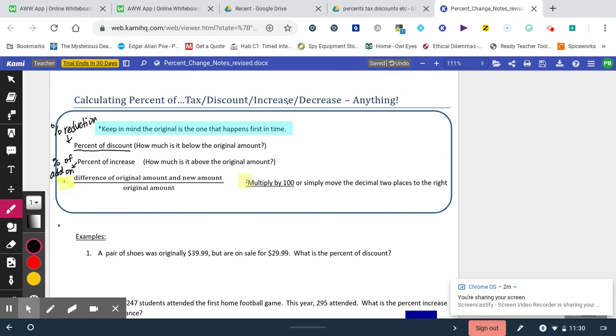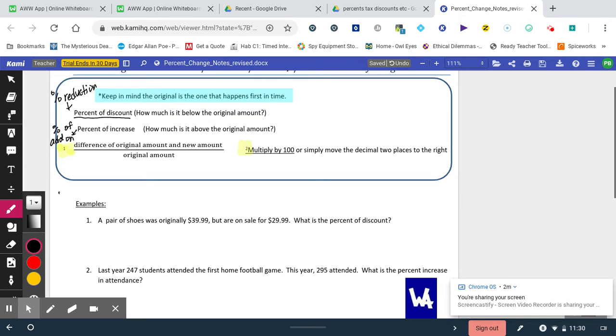So the first step says to take the difference of the original amount and the new amount. Well, how do you find difference? We've talked about difference before. Difference means what operation? Add, subtract, multiply, divide. Well, of course, difference means you're going to subtract.